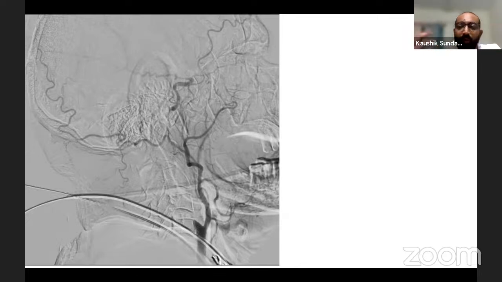What you did was slightly different. You took a microwire, crossed the lesion, and used a balloon to dilate, inflate and deflate, correct? Sometimes even your microwire doesn't go. So you need to approximate your Neuron Max against that area where it is flame shaped.